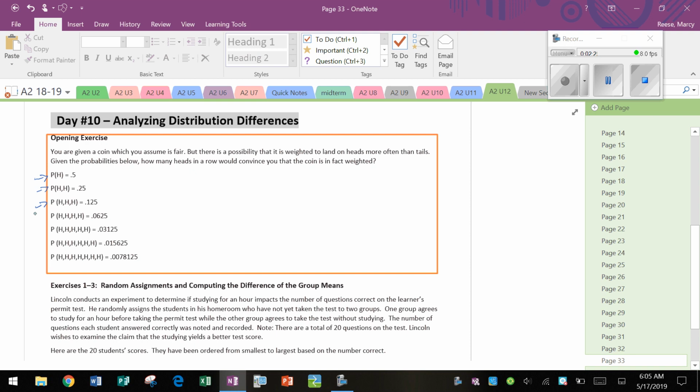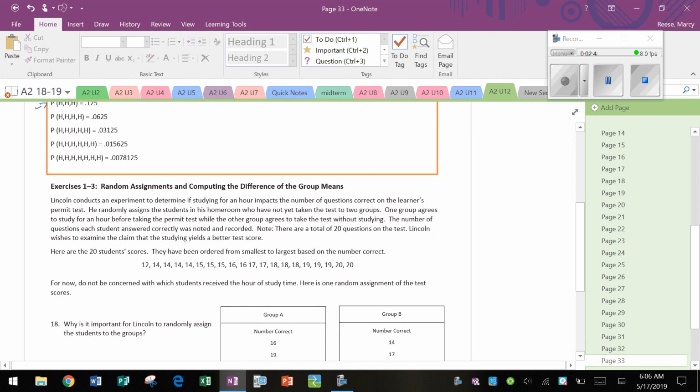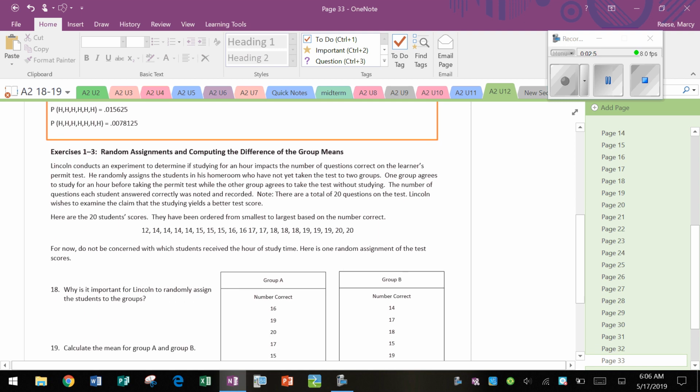Getting to be that point. So what I'm gonna do is go through the lesson and then we're gonna come back to this and talk about what in our statistical terms for Algebra 2 would be considered an unusual percentage of heads. Okay, so let's start the lesson. And like I said, we're gonna come back.